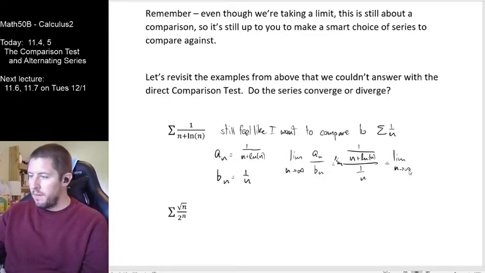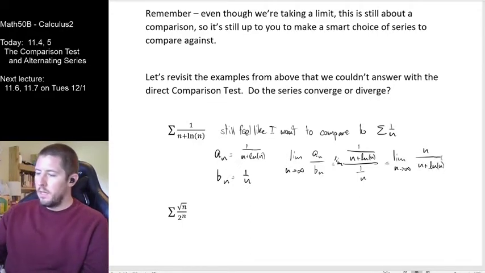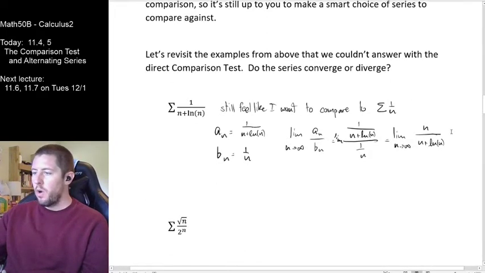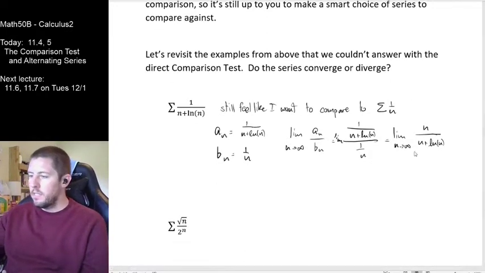Limit as n goes to infinity of n over n plus ln n. Not super clear to me what's happening there. I think here is a good place for us to do our smart factoring techniques. So I'm going to factor out n from the top and from the bottom and cancel them.